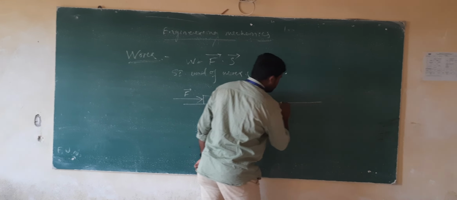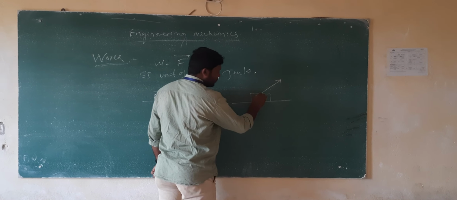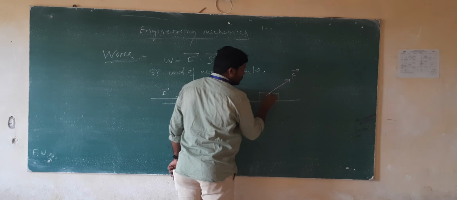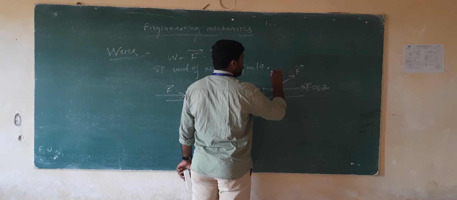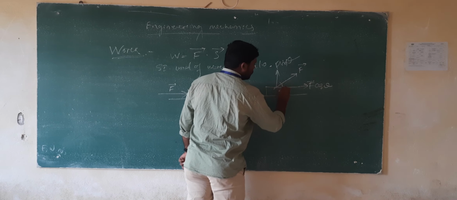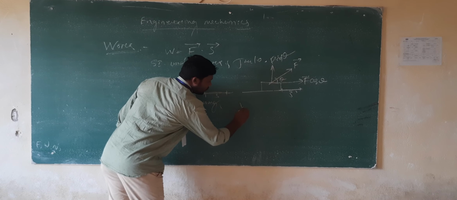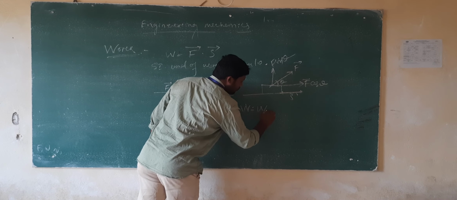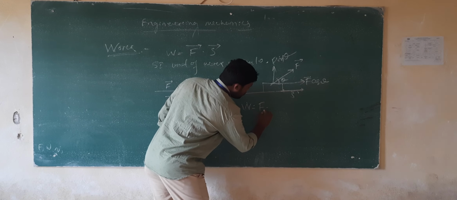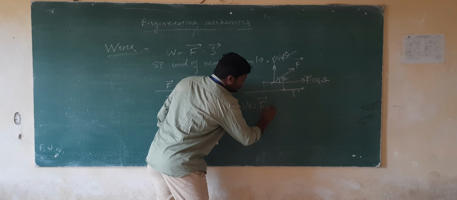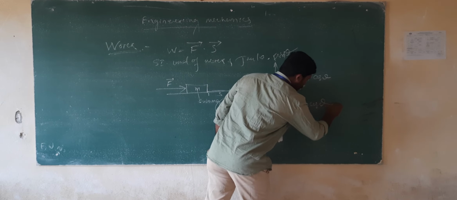If the force is in this direction, then in the horizontal direction the component of force will be F cos theta, and in the vertical direction it will be F sin theta. This is theta. It will cause a displacement s. Then in this case, the work will be W equal to F horizontal dot s, that is F s cos theta.